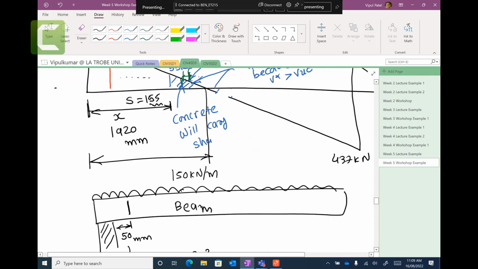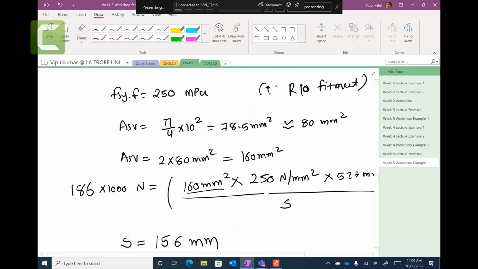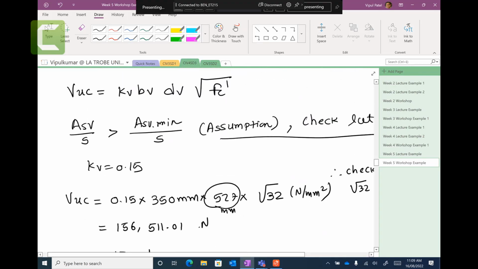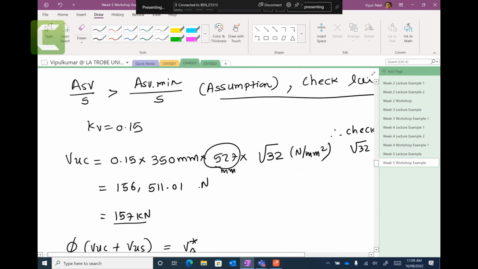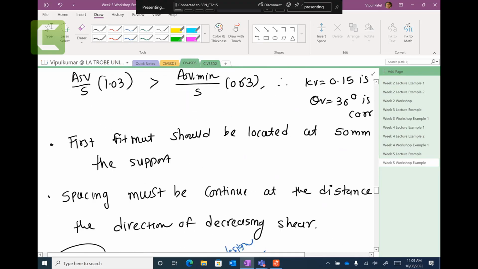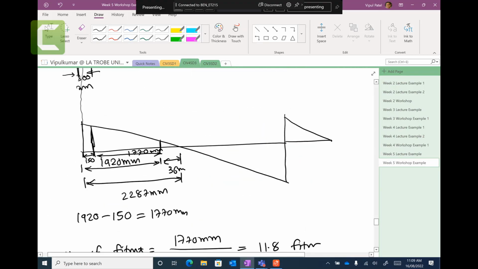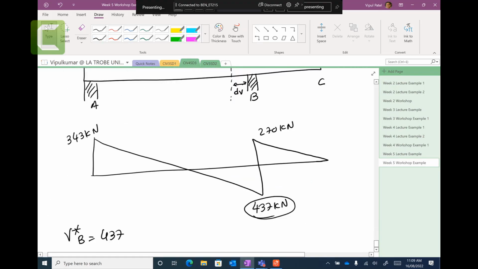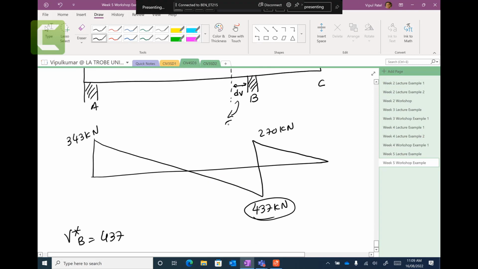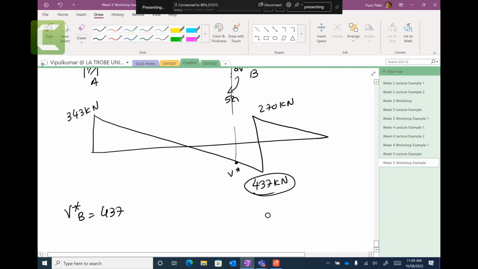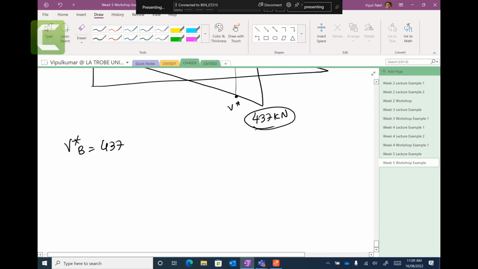That distance dV we calculated already. I think dV was 527. So we can say that this one would start at 527, and we can get the V star here instead of 437.